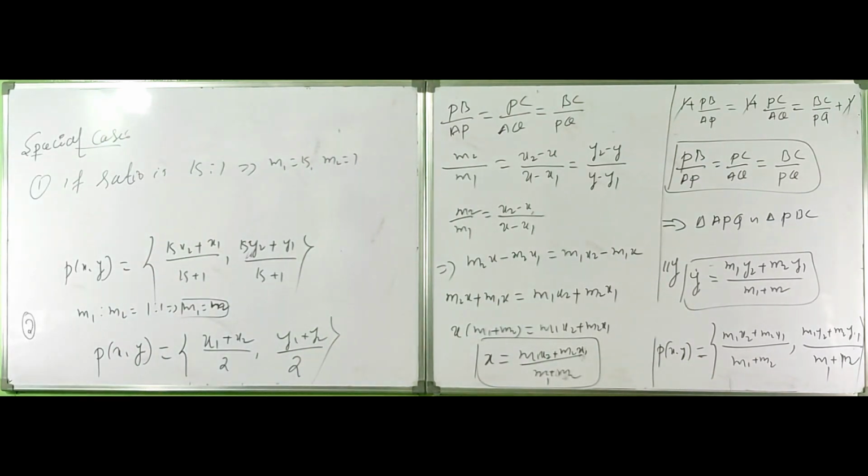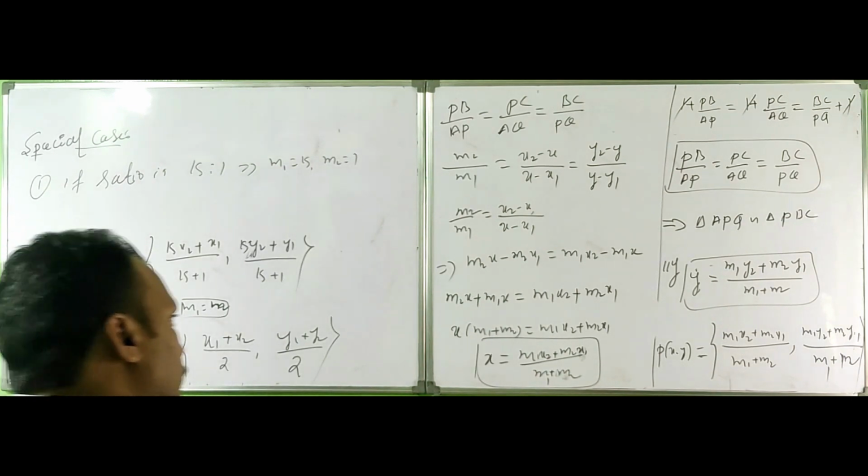The section formula has two cases. One case is if the line divides in k is to 1 ratio, and another case is if the point becomes the midpoint of the line, so the line is divided into two equal parts.